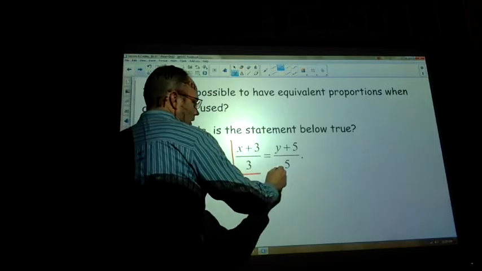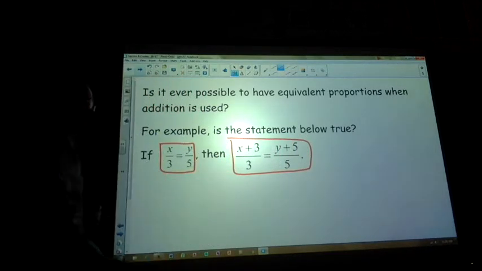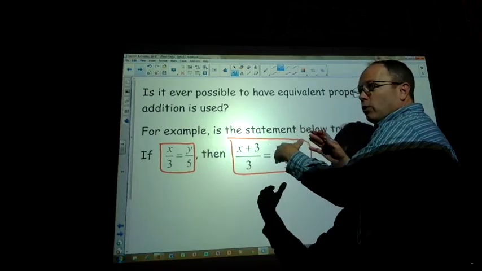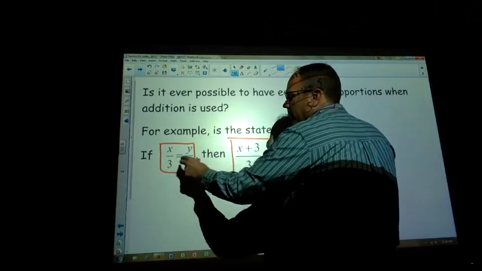They're stating this is equivalent. So that's going to give you 5x plus 15 equals 3y plus 15. No, it's not going to seem logical to work that way. So how could I go from this, without doing cross multiplication, to start making it look like that?